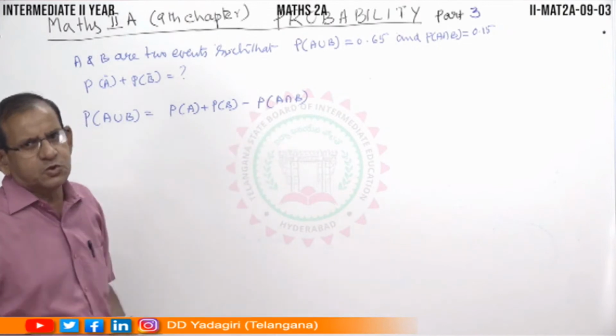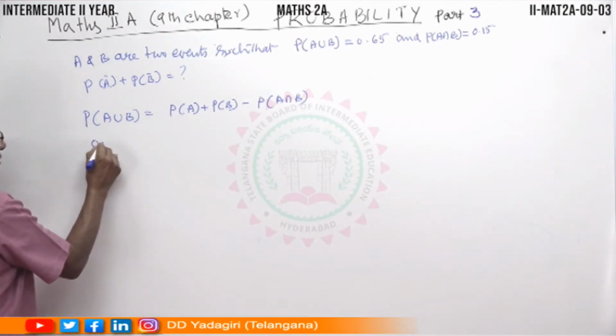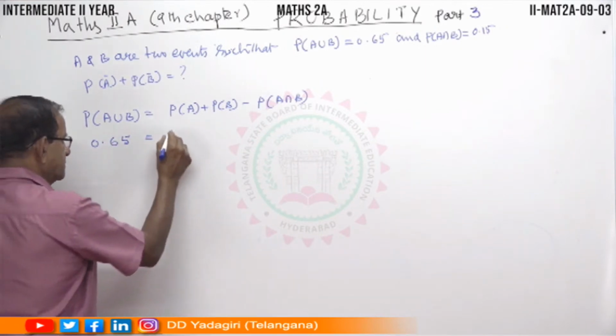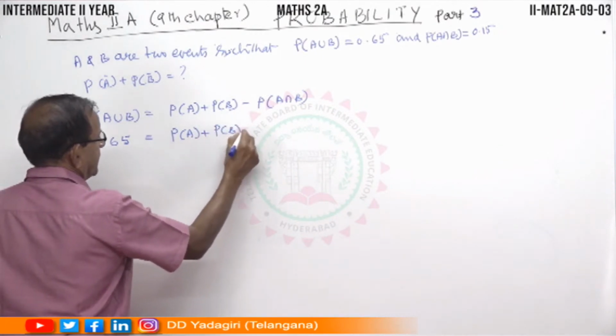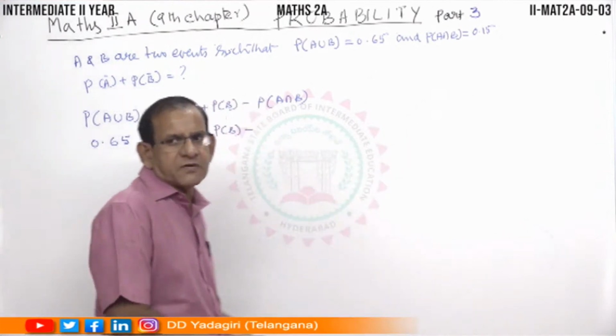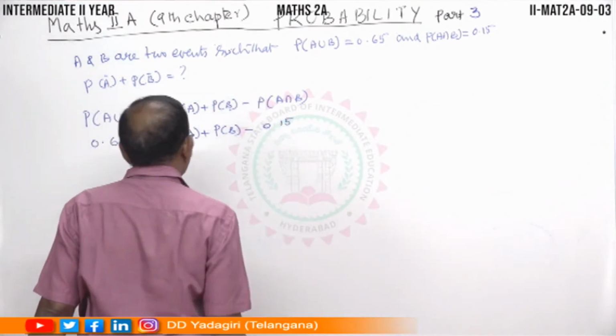Let us substitute those two values. 0.65 is equal to P of A plus P of B minus 0.15.